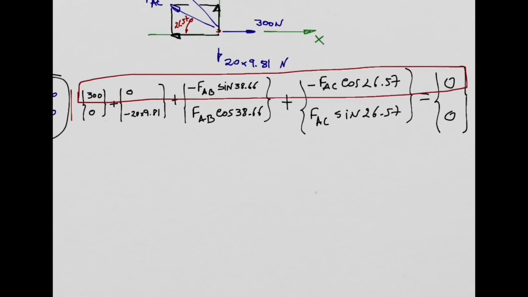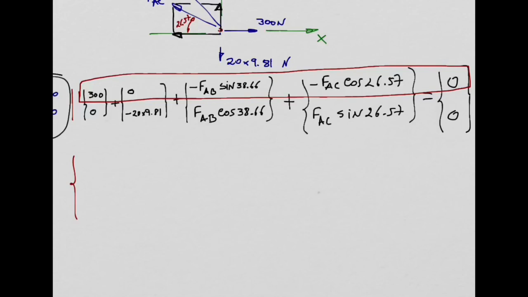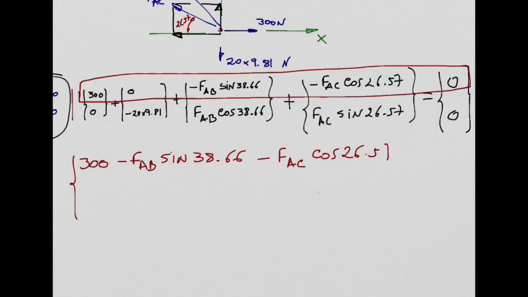Let's see. So what do I have? I have 300 minus FAB sine of 38.66 minus FAC cosine 26.57 needs to be equal to 0. This is my first equilibrium equation.